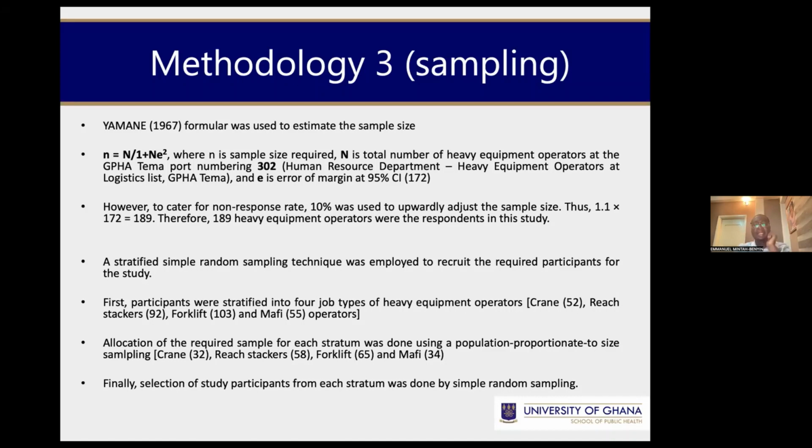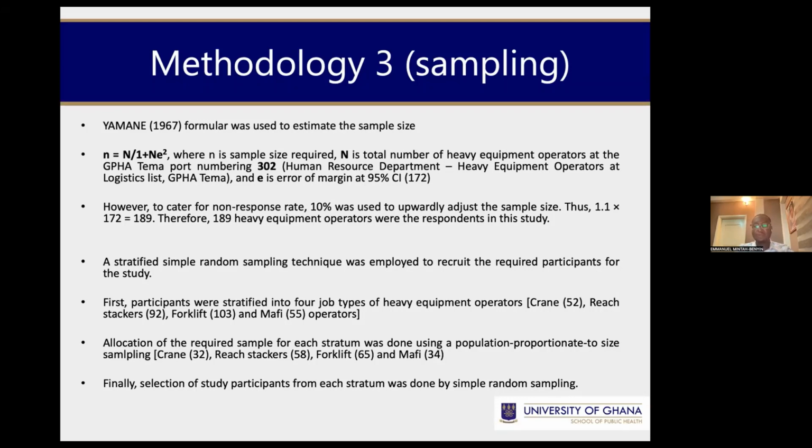A stratified simple random sampling technique was employed to recruit the required participants for the study. So we had four stratified groups: the crane, reach stackers, forklift, and Murphy.